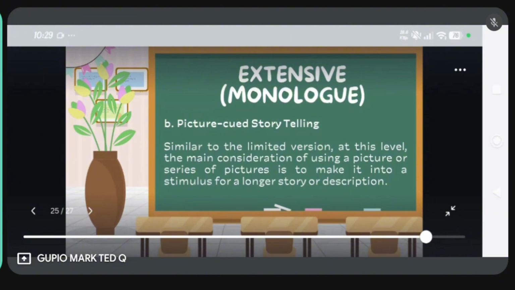For instance, an image might show a child finding a lost animal, taking care of it, and eventually returning it to its owner. The speaker must describe each event in order using clear transitions such as first, then, and finally. This type of activity encourages creativity, imagination, and the use of descriptive language. Next, please.